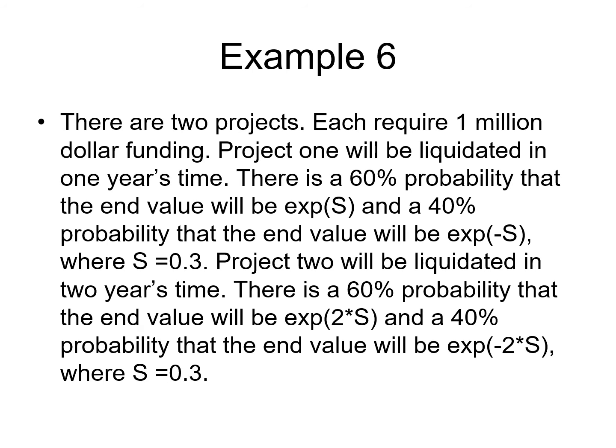Project 2 will be liquidated in 2 years' time. There is a 60% chance that the end value will be exponential 2 times s, and 40% probability that the end value will be exponential negative 2 times s, where s is equal to 0.3.